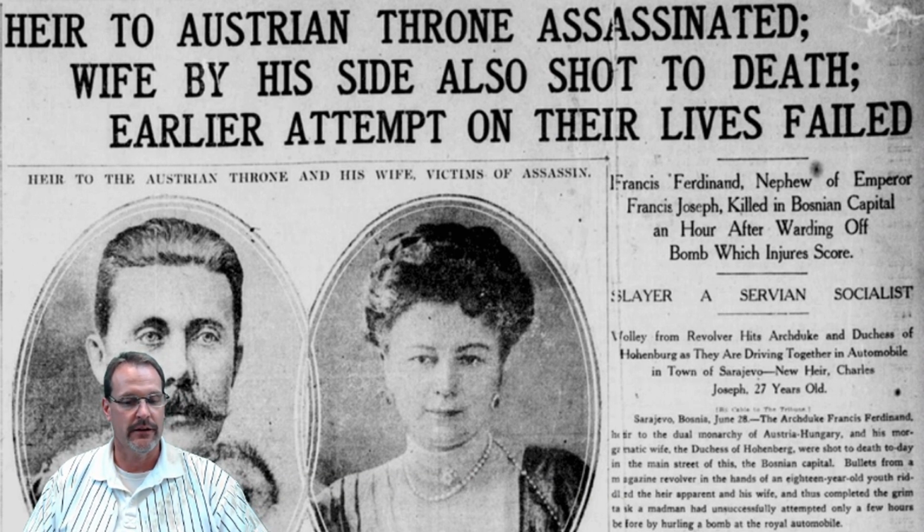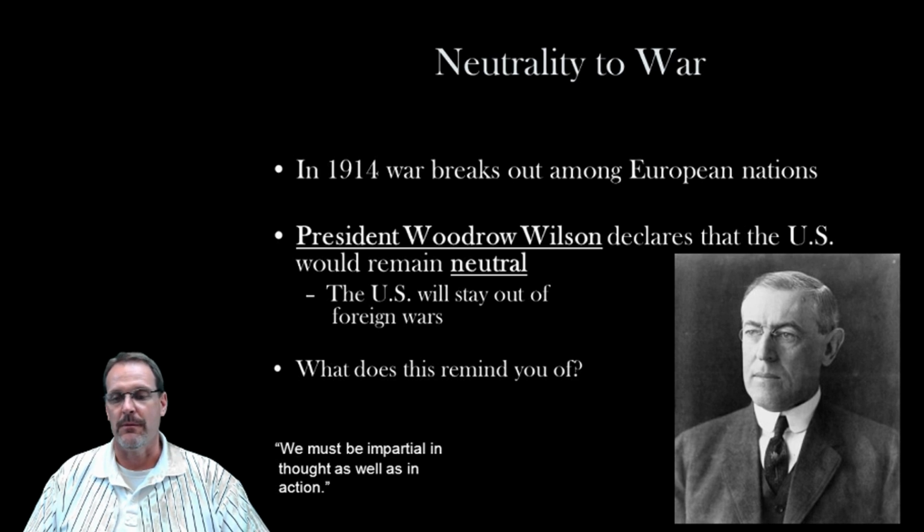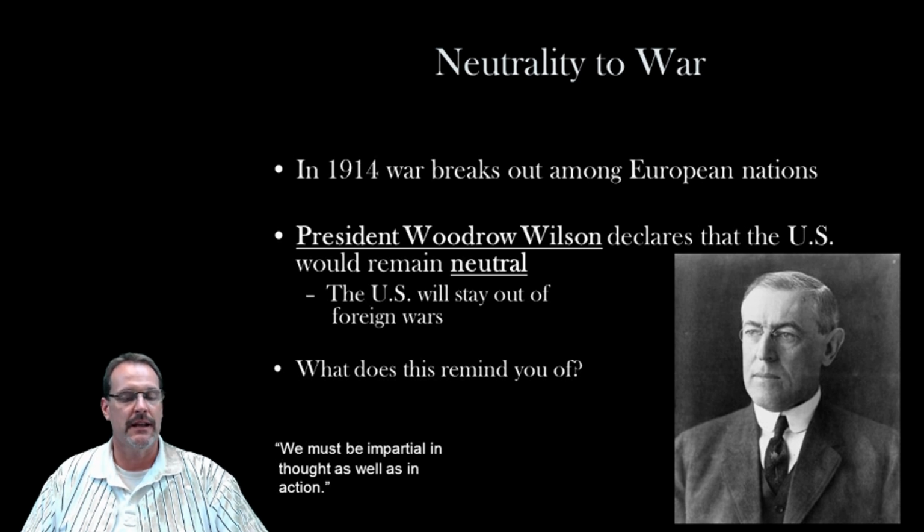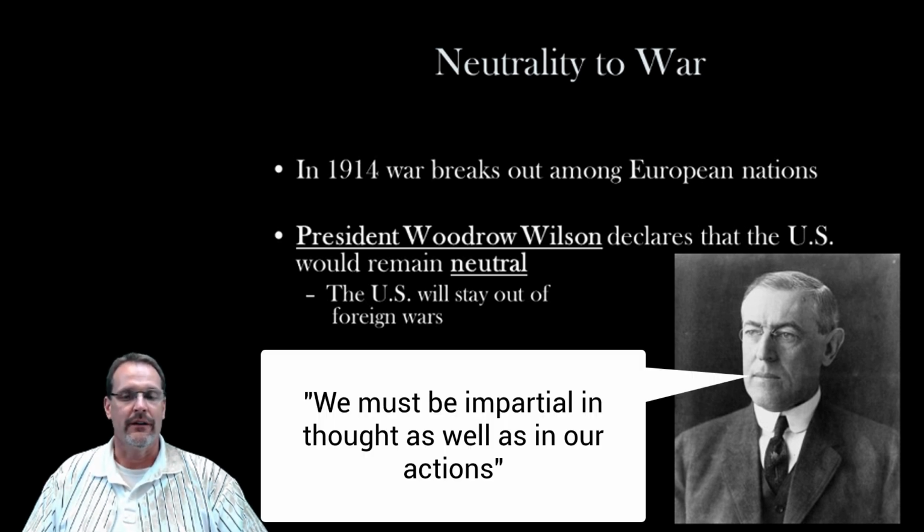All right, let's go down there. Early in the war, of course, the United States is a neutral party. In 1914, as war breaks out amongst the Europeans, Woodrow Wilson, President of the United States, vows to stay neutral. We are not going to get involved in any foreign wars.